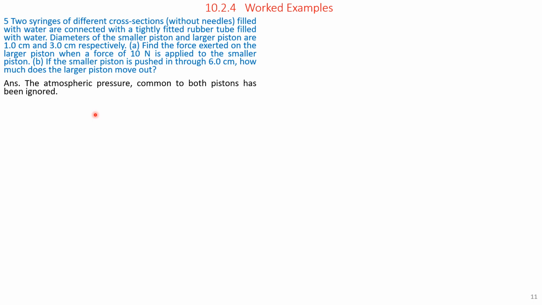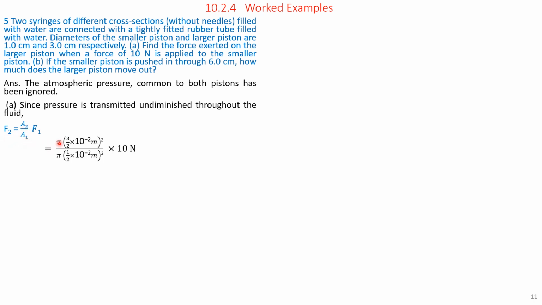The atmospheric pressure, which is common to both pistons, has been ignored in this problem. Part A. Since pressure is transmitted undiminished throughout the fluid, we know F2 by A2 is equal to F1 by A1, or F2 is equal to A2 by A1 into F1.